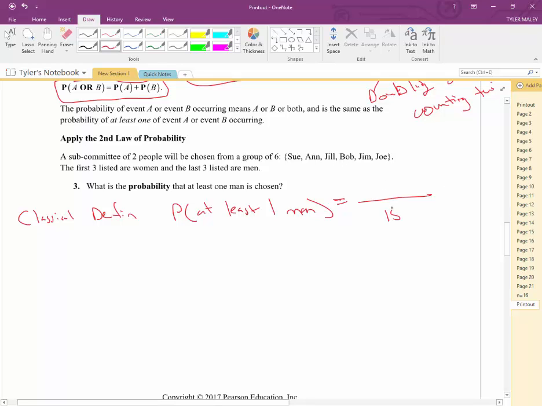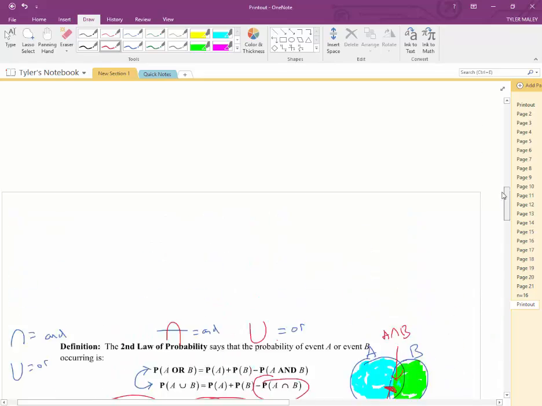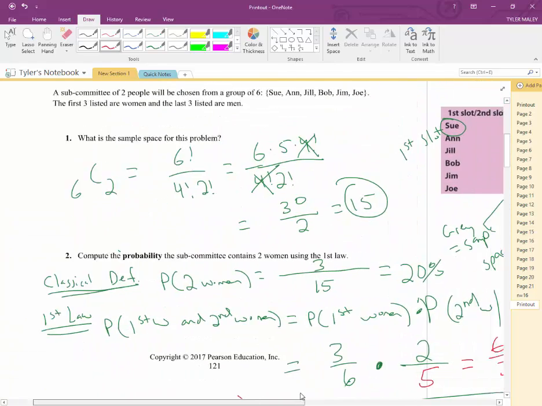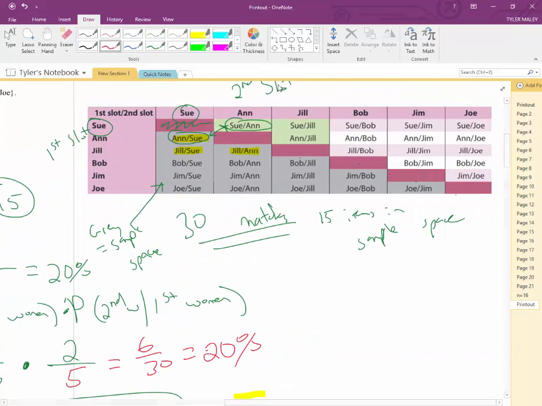There are 15 things in my sample space. The cases with at least one man would be all the cases that we didn't highlight in yellow already, because what I highlighted in yellow were the cases where everybody was a woman. So everything else has at least one man.